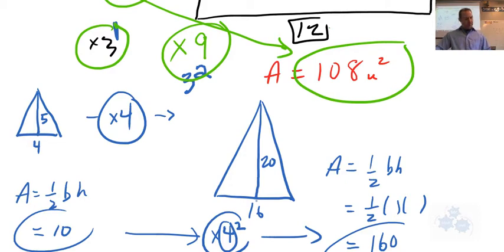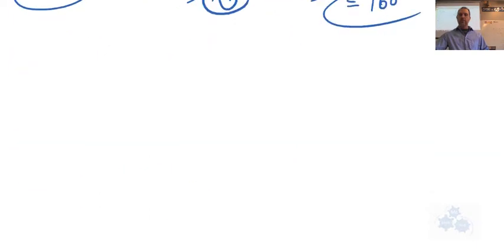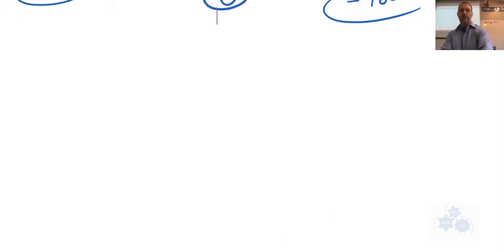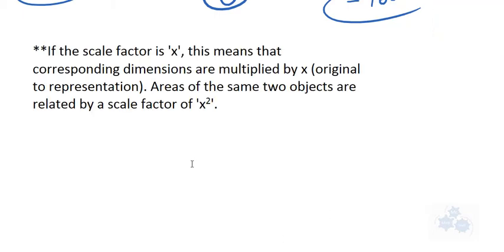So let's just write that out. If the scale factor is x, this means that the corresponding dimensions of the original or the actual to the diagram or the representation, you multiply the dimensions by x to get the new dimensions, right? Always times x.